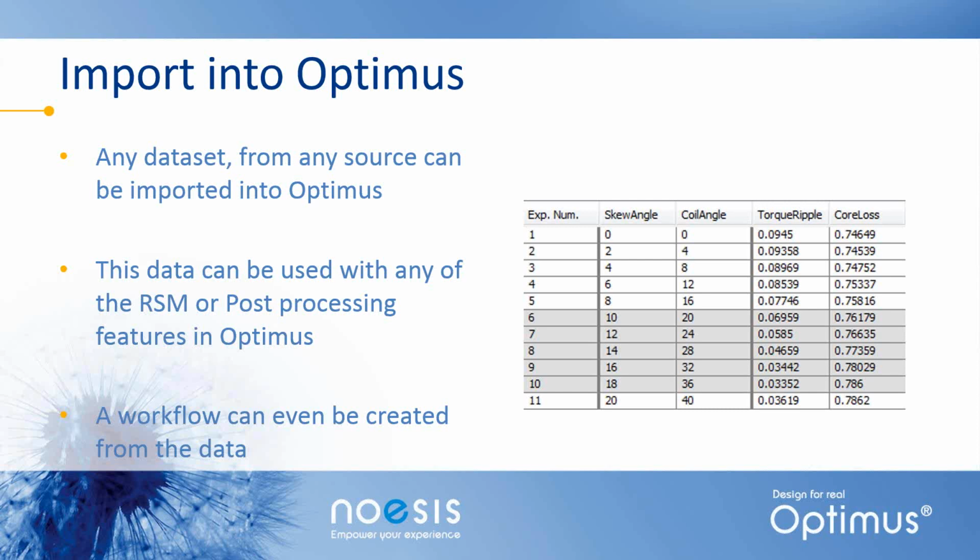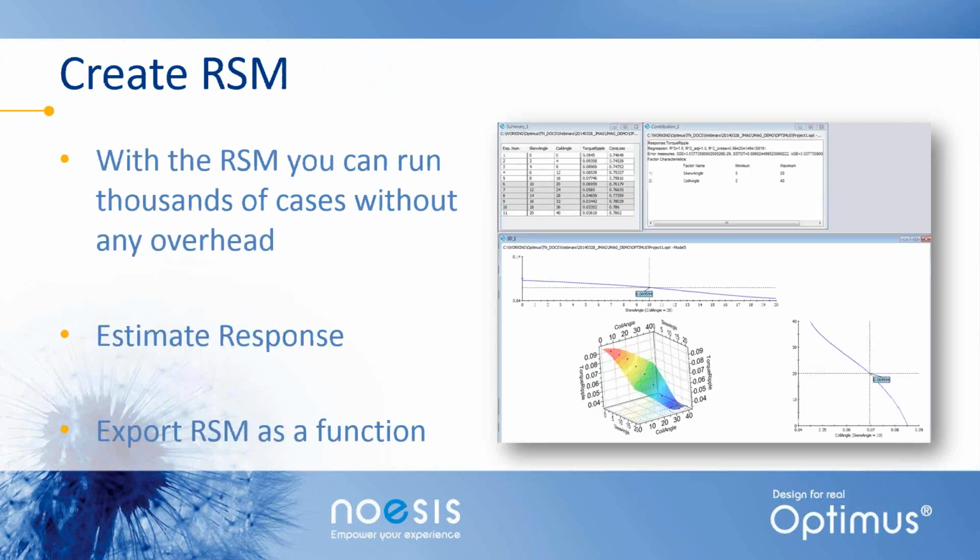After that data set has been imported into Optimus, you can create this response surface model that we've been talking about. In addition, you could export that response surface model later on so that others could use it as a function. You also have the ability to estimate what the response would be for any given skew angle in the entire design space.